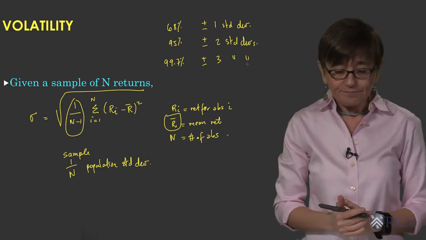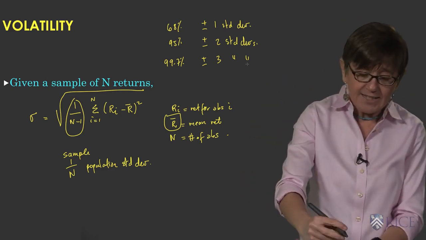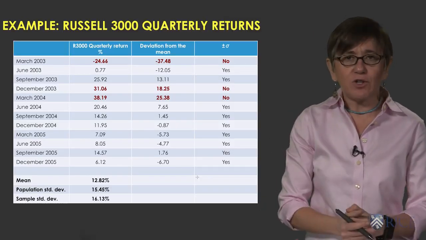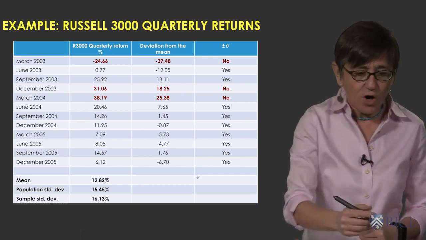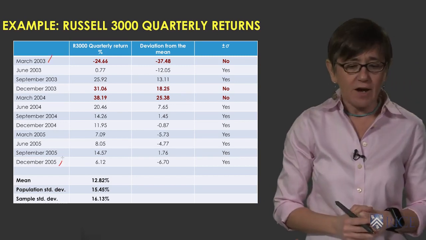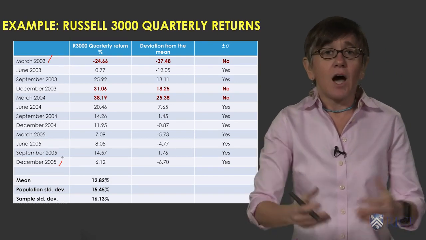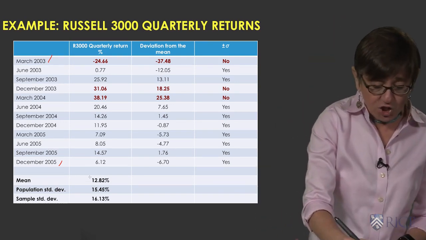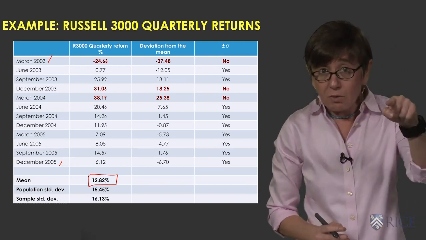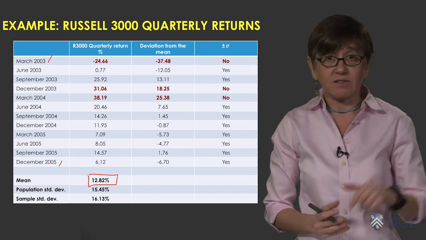So for this reason, standard deviation is a fundamentally useful measure of risk for a distribution of asset returns. Okay, so let me give you an example. Here I have 3 years of quarterly returns for the Russell 3000 index from March 2003 to December 2005. I calculated the mean, which is 12.82%, which, by the way, is pretty high by historical standards.